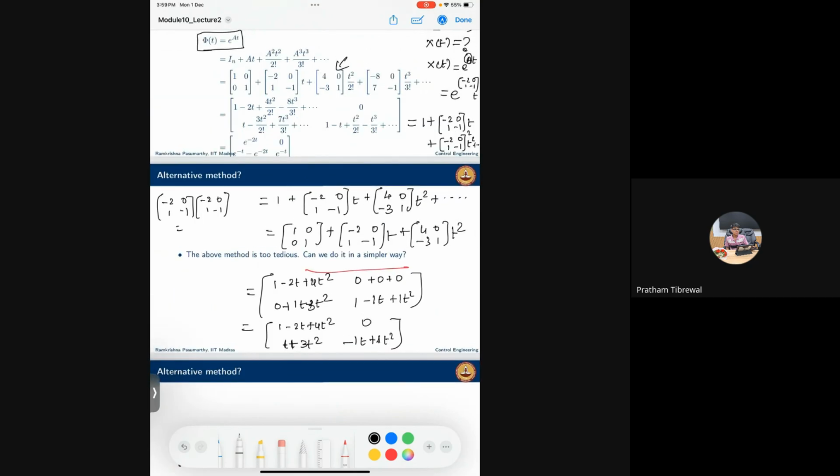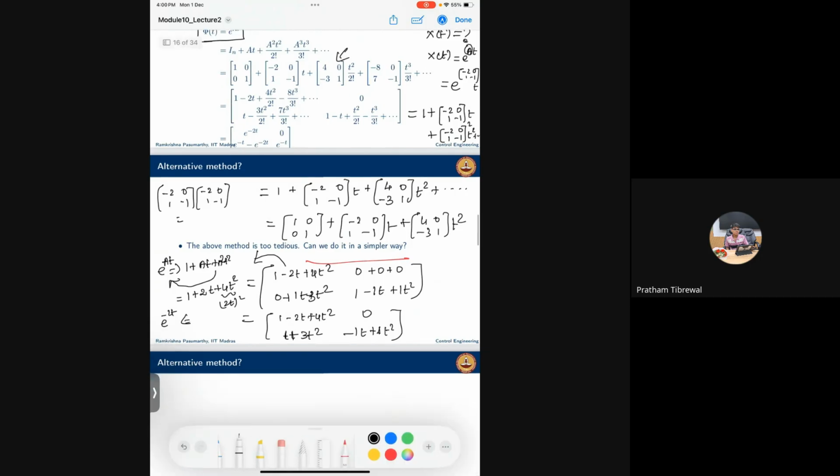So this is the expansion we have got so far. Now, e power at, you have expanded to 1 plus At plus A square t square. Now we are going to take it back to this. So this expansion is e power; this is 1 plus A is -2 here, plus t, plus 4 t square, again this can be written as 2t square, then it will be e power minus 2t.